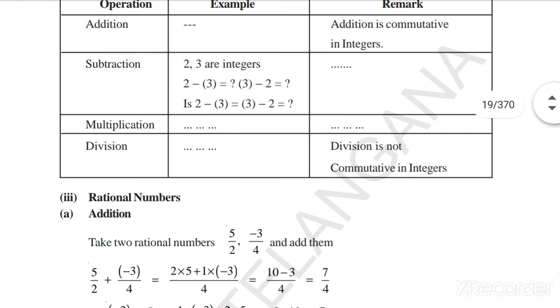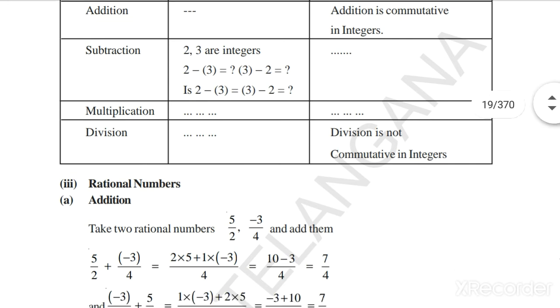Subtraction: 2 and 3 are integers, so 2 minus 3 and 3 minus 2 are not equal. Why? Because 2 minus 3 is minus 1, and 3 minus 2 is 1. Minus 1 is not equal to plus 1.